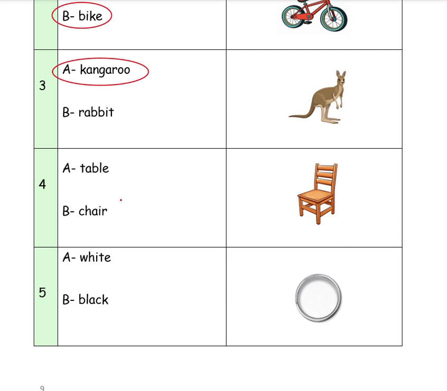Here we have the picture of a chair. So we circle chair, B. Number 5, A white, B black, and this is the color white. All right, let's move on.